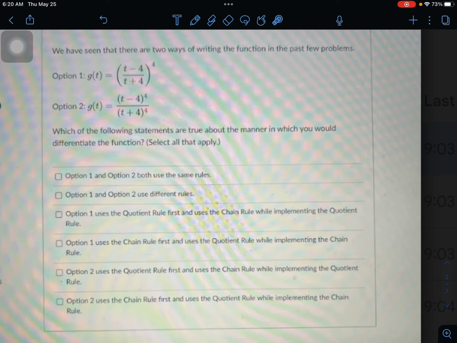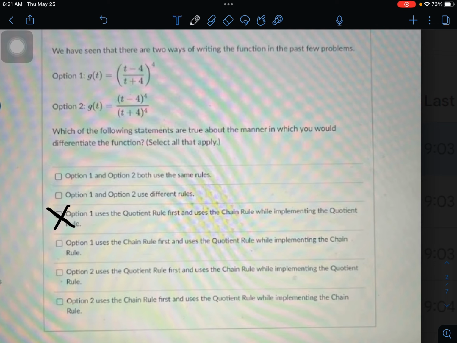So option 1 right here uses the chain rule first and then uses the quotient rule. That was the problem that we did about 2 problems ago. And we used the chain rule, then we used the quotient rule. So that mixes it up. It's not this one. Option 1 is going to use the chain rule first.